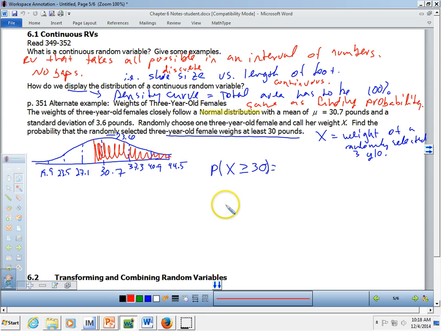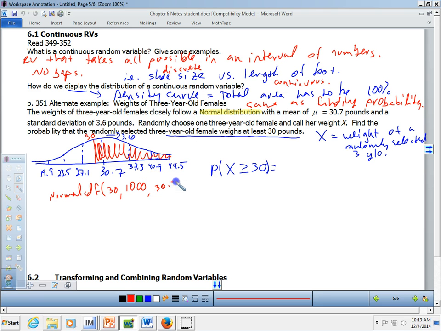Okay? And so now, everything we did in Chapter 2 with normal distributions comes back to us, right? We could, one, just use your calculator, use normal CDF, and your lower bound would be 30, because this right here is 30. Your upper bound would be something very, very big, because we want to be all the way out in this tail.